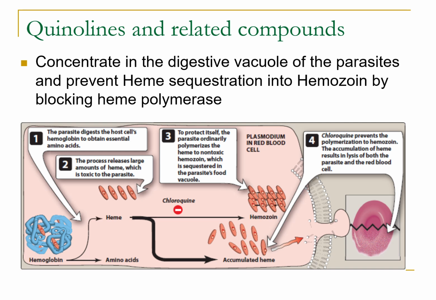So what it has is an enzyme called heme polymerase, and that heme polymerase polymerizes heme into hemozoin so that it's not toxic to the parasite anymore. In the presence of chloroquine, which is one of the quinolines, this enzyme is inhibited, and hence, instead of having hemozoin, we're going to have accumulated heme, which will lead to lysis of the parasite, and hence death of the parasite.